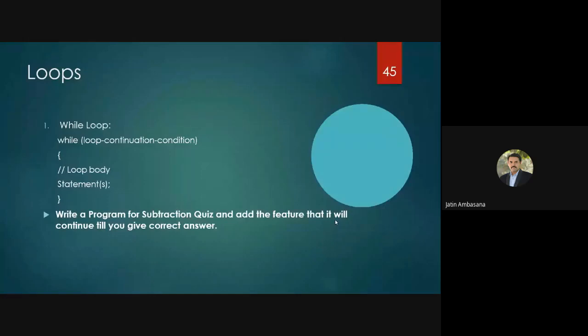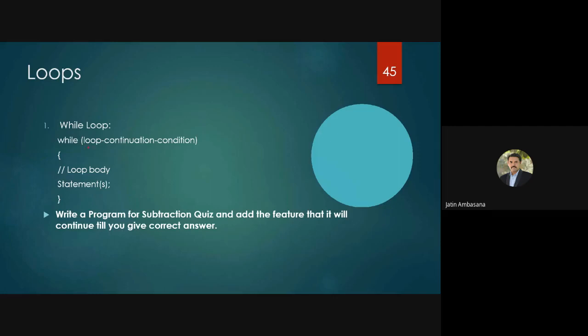Now let's start with loops. Loops are basically used to continuously run some statements. So there are basically while loop, do while loop, and for loop. So first is the while loop. While loop does what?